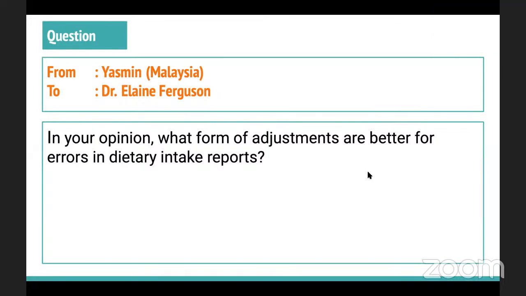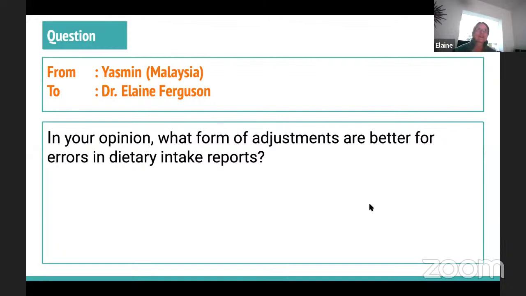I remember looking at data, it might have been from the Philippines, where the energy intakes of women on average were about 1,200 kilocalories, which is very low. There I would have expected an underestimation, so when interpreting the data we would know we're probably overestimating the percentage at risk, which is quite a challenging situation.